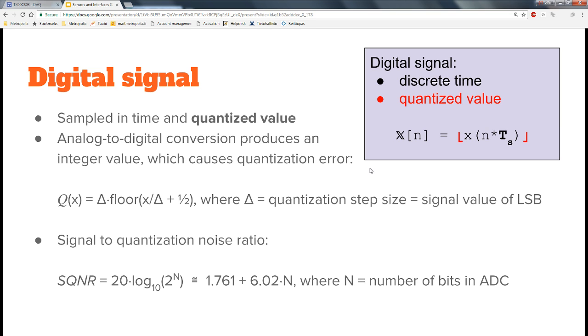That gives you some sort of clue if, for example, you want 100 dB dynamic range. That shows you how many bits you should have at least on your A to D converter.